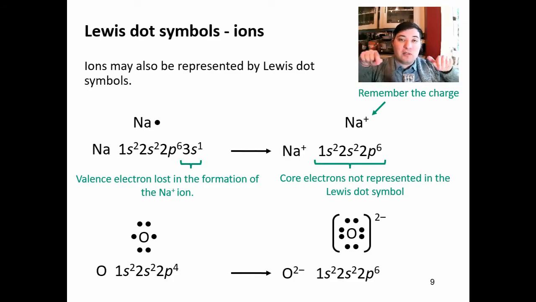But the purpose of those brackets is to let the reader know that we can't tell which 2 electrons are the extras. All electrons on this oxygen are equivalent to each other. And so we cannot attribute the 2- charge to any 2 specific dots. So instead we just put brackets around it and say somewhere in this whole mess of oxygen and electrons there is an extra 2- charge.